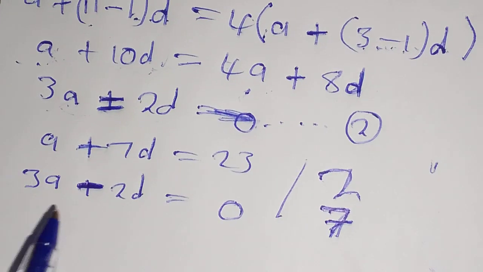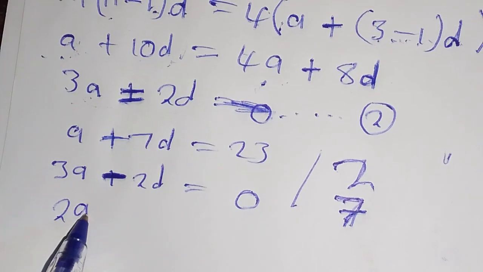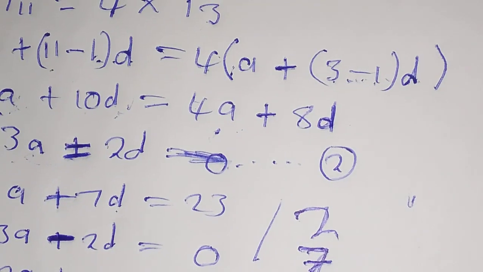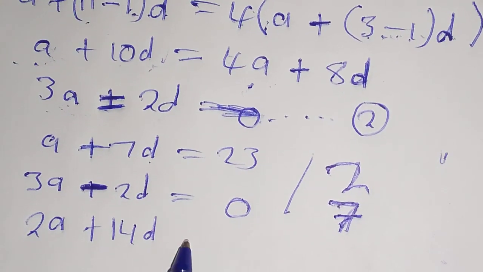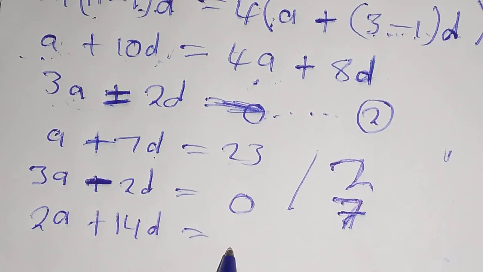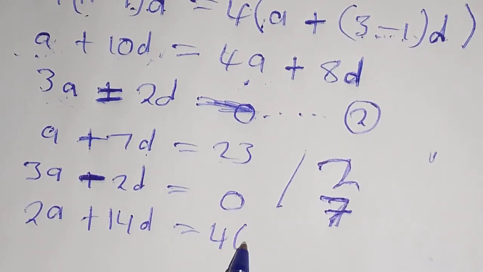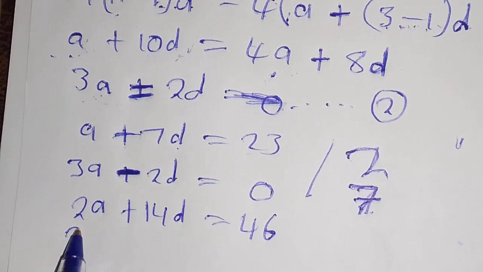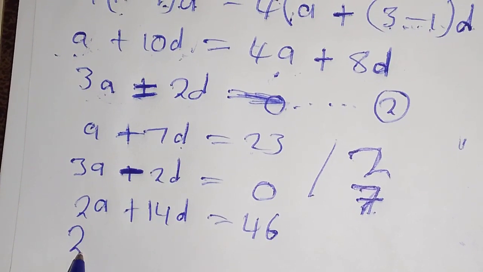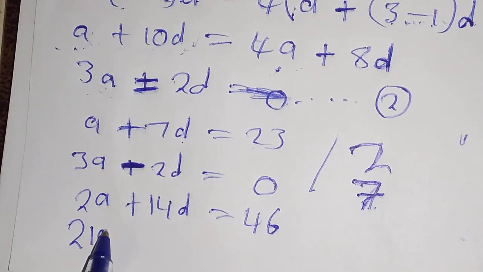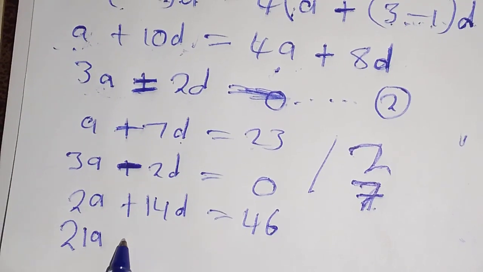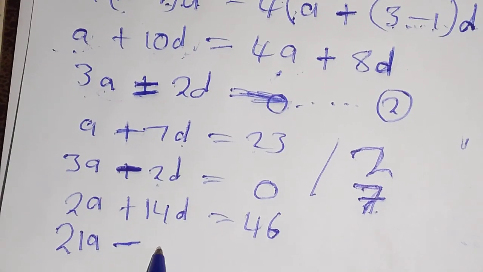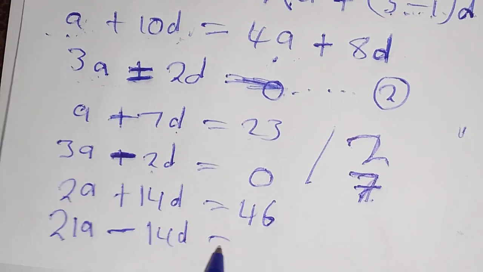So 2 times a is 2a plus 2 times 7d, which is 14d, which is equal to 2 times 23, which is 46. Then 7 times 3a is 21a minus 7 times 2d, which is 14d, is equal to 0.